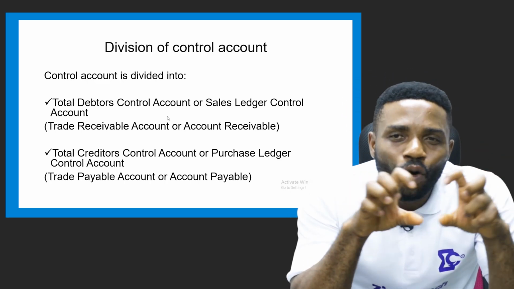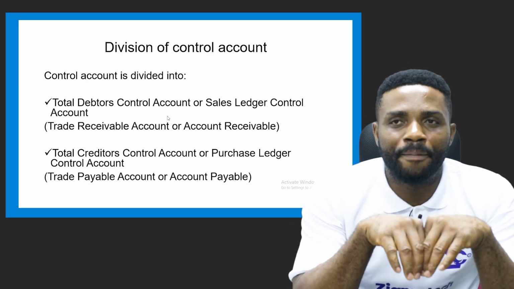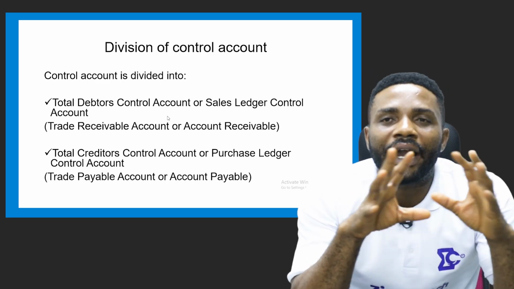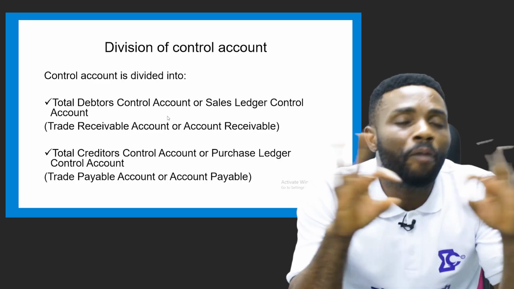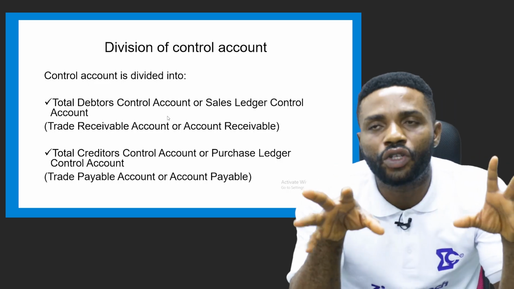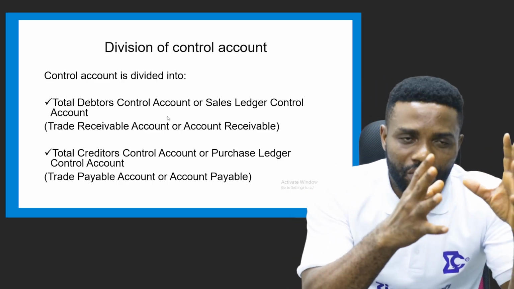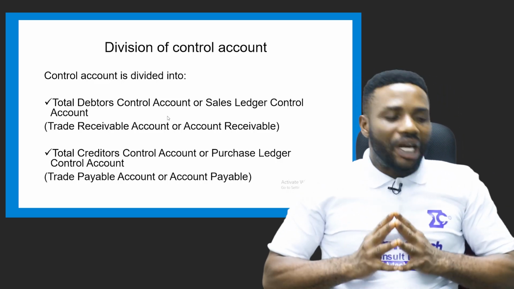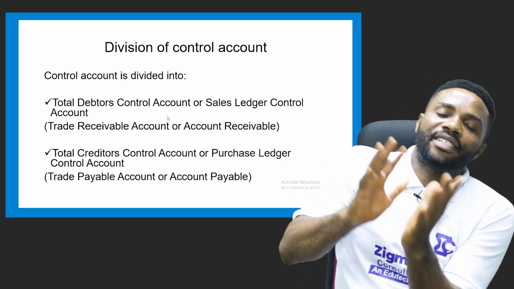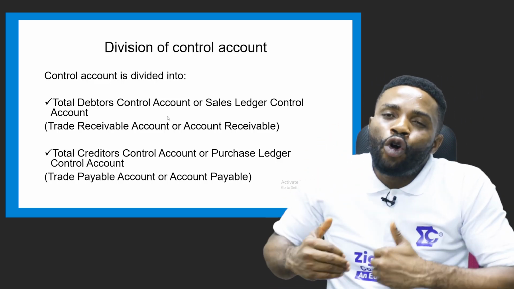So these are the only two scenarios where control account can actually come in. So when we prepare control account, you have just two divisions to it. One houses all the debtors, all the people that have come to the business to buy on credit without making payment, while the second one takes care of the people you have gone to buy from without making payment.